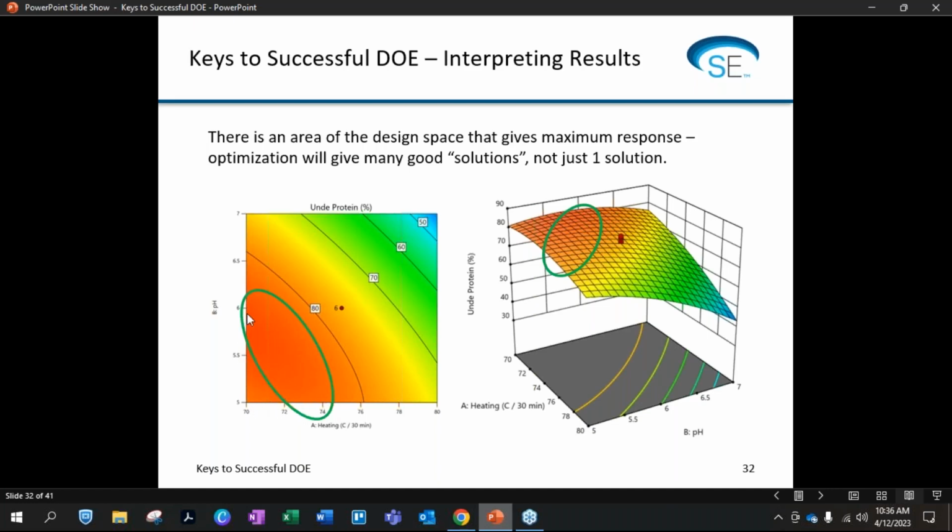They are all above 80%. And you can see by the 3D that its polynomial is actually turning down just a little bit at the corner. And so the maximum is going to be somewhere up here, but there's a big, broad range of good values. So the 100 solutions that you see are just going to be covering this whole area.